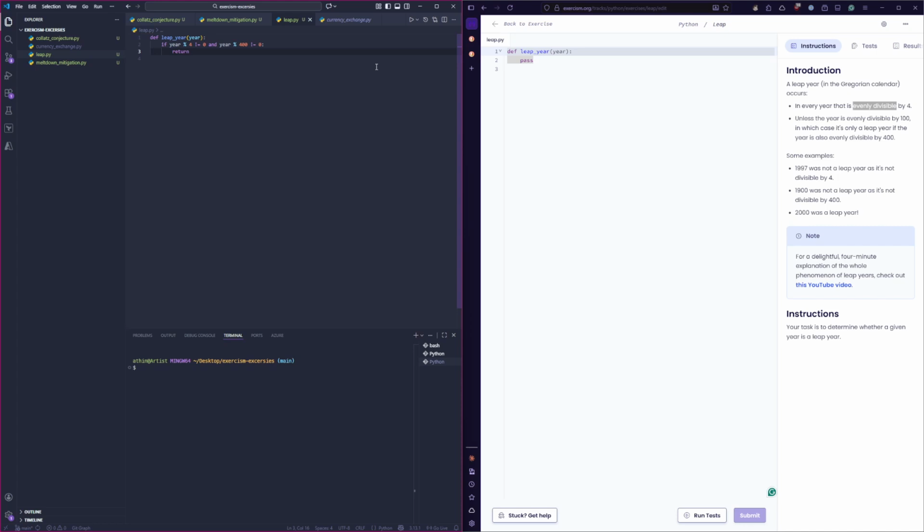In every year that is evenly divisible by 4, unless the year is evenly divisible by 100, in which case it's only a leap year if the year is also evenly divisible by 400.